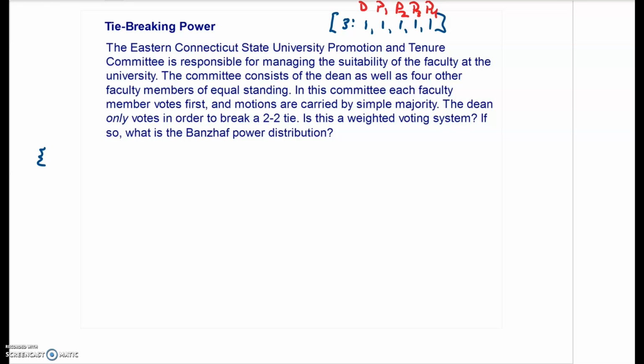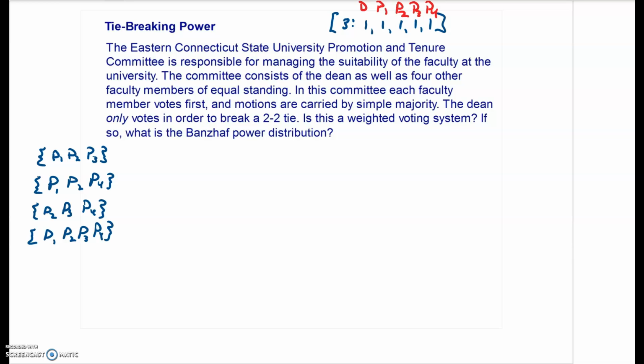So the winning coalitions are: player 1, player 2, player 3; player 1, player 2, player 4; player 2, player 3, player 4; player 1, 2, 3, and 4; and player 1, player 3, player 4.